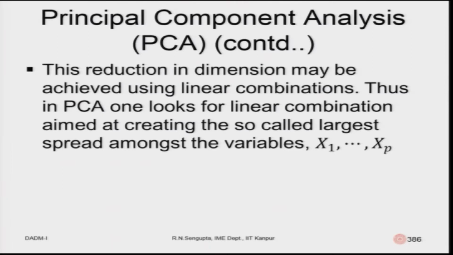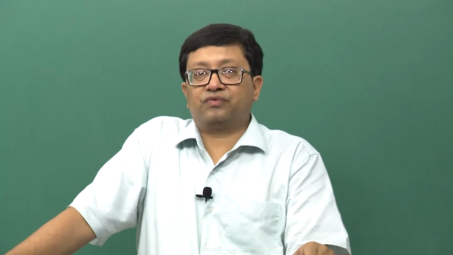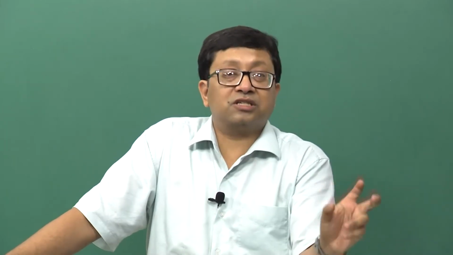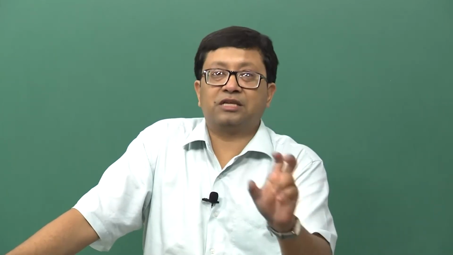Thus, in PCA one looks for linear combinations aimed at creating the so-called largest spread among the variables x1 to xp stage by stage, such that each combination is orthogonal to the others stage by stage.